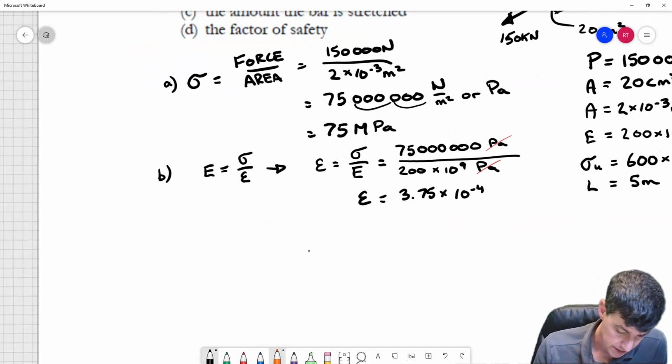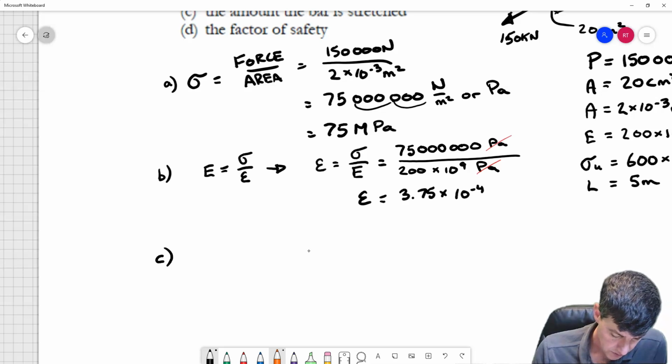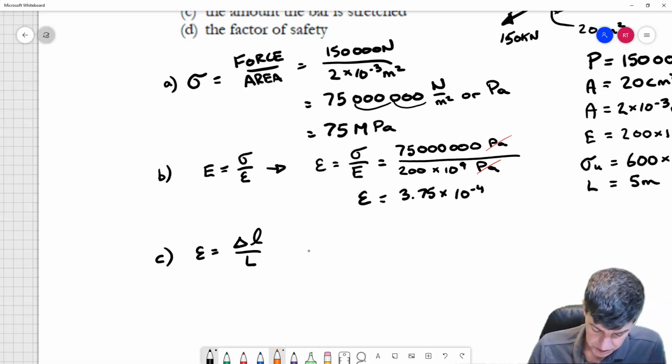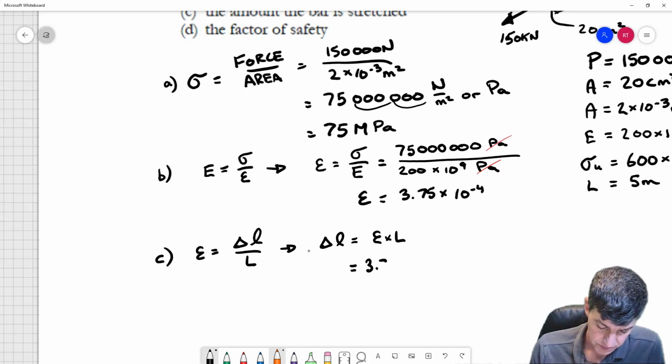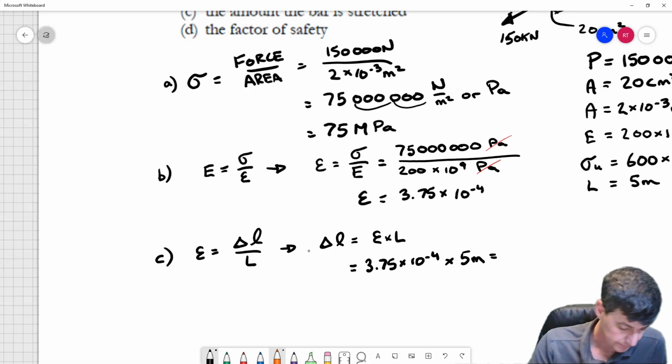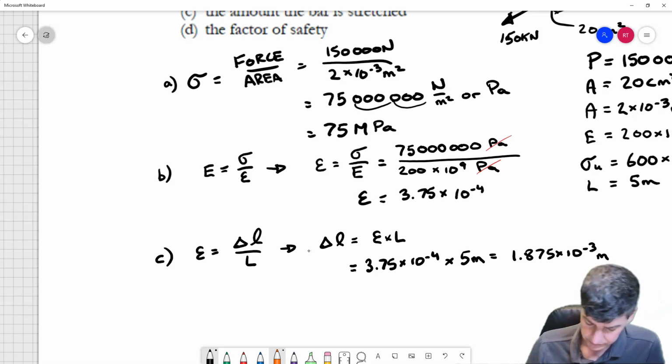Okay, part C, the amount the bar is stretched. Strain is equal to my change of length compared to the original length. If I rearrange, my change of length is equal to my strain times L. So 3.75 times 10 to the negative 4 times my length, 5 meters, gives 1.875 times 10 to the negative 3 meters.